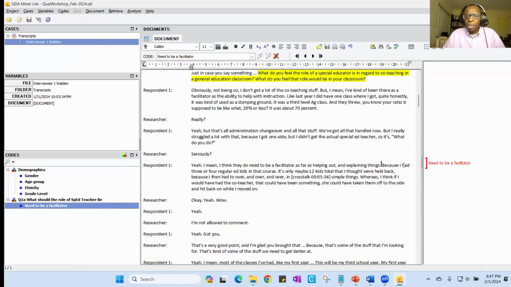Because I had 3 or 4 regular kids in the course, it's only maybe 12 kids that I thought were held back because I then had over and over and over, simple things. Whereas I think if I would have had a co-teacher, that could have been something.